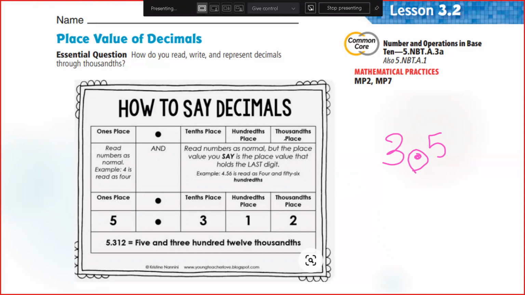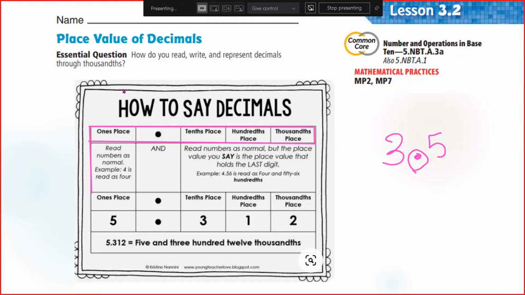Now, how can I read the decimals? Or how can I say the decimals? First of all, as you see here, we have this table, which we call the place value chart. The place value chart has the ones place, and here we have the decimal point.